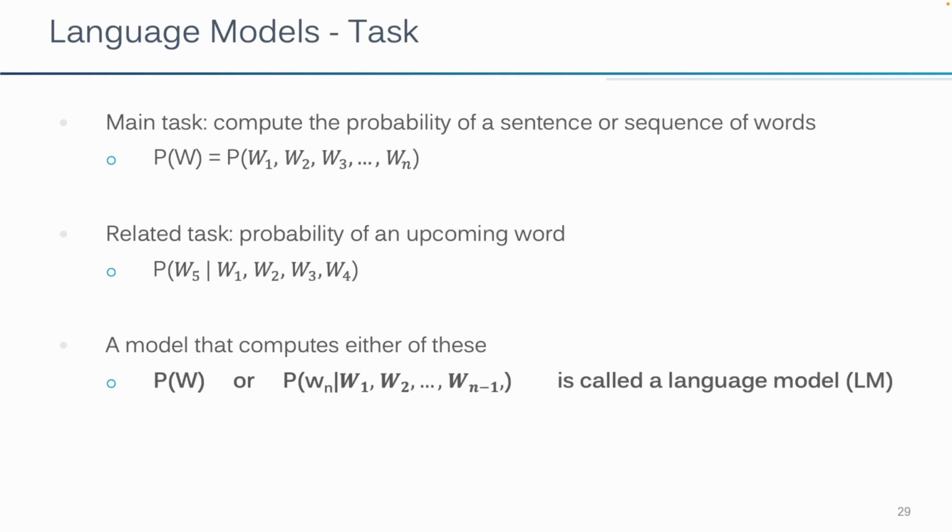So a bit more mathematically, the main task of a language model is to predict the probability of an upcoming word. So I give you a sentence, and I ask you, what is the next word? And then you give me the next word. The language model computes over this vocabulary of, let's say, 30,000 words, a probability distribution. For each word, it assigns how likely it is that this word occurs.